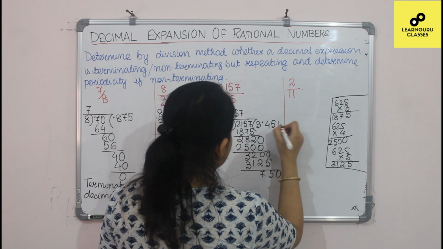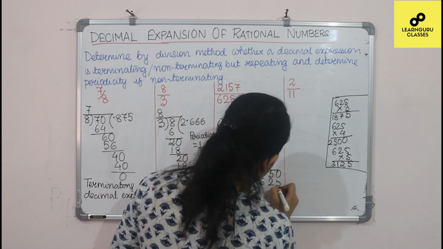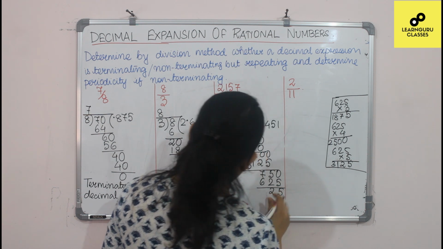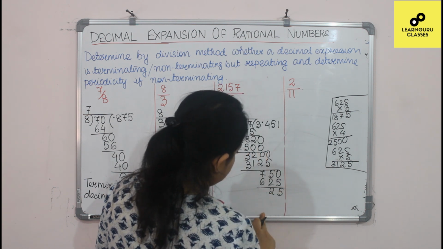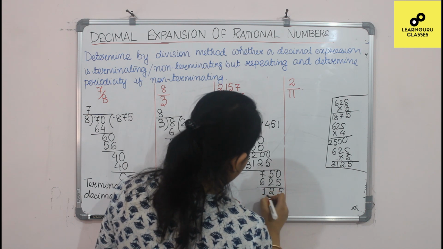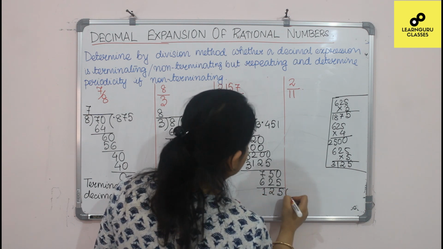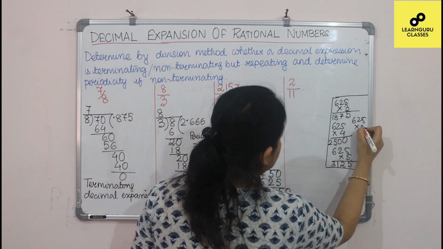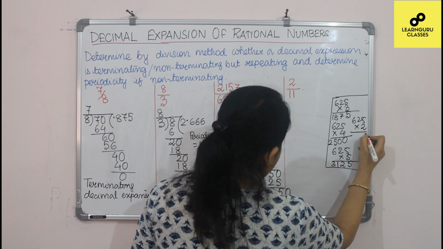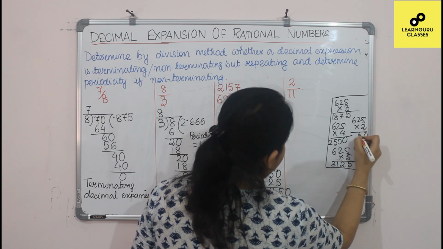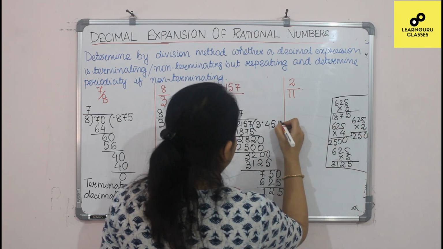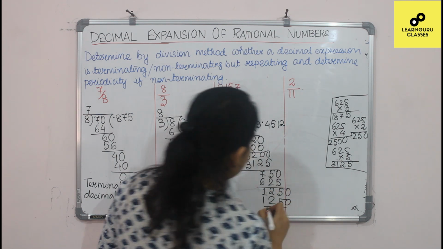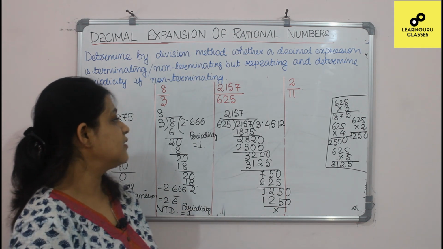So 625 into 2 gives 1250, and that is ultimately the remainder. So you are getting the remainder as 0.